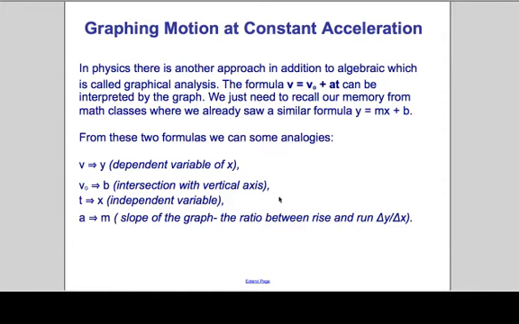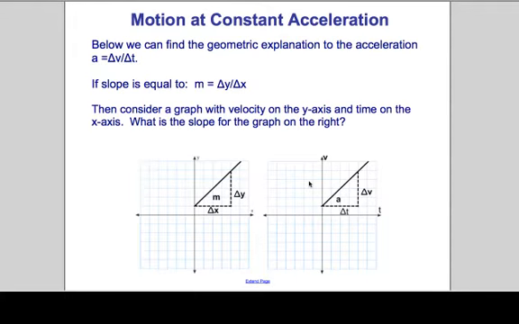So these are analogous, and if we looked at the velocity graph for an object experiencing a constant acceleration, we'd see that they're both linear equations. So if we start off with some acceleration, as time goes by, our velocity goes up, positive acceleration that is, and we get a straight line relationship.